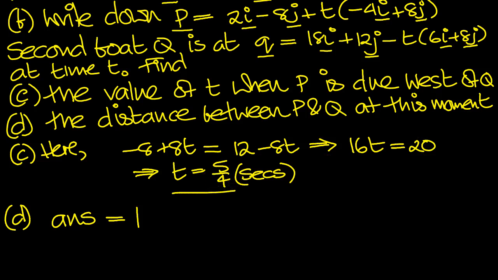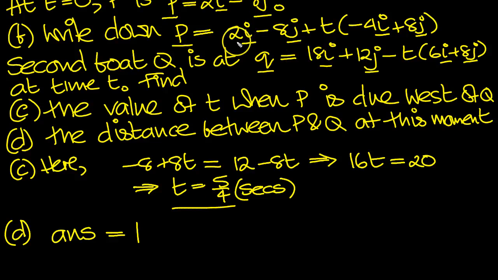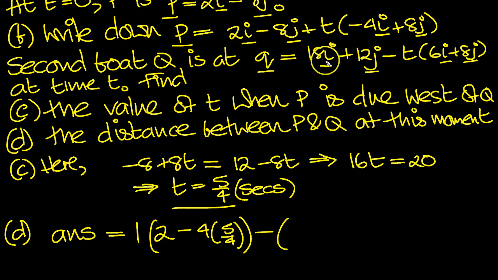So the i coordinate for P is 2 minus 4t, and t is 5 over 4. That position, take away the position of Q, which would be 18 minus 6t, and t is 5 over 4.